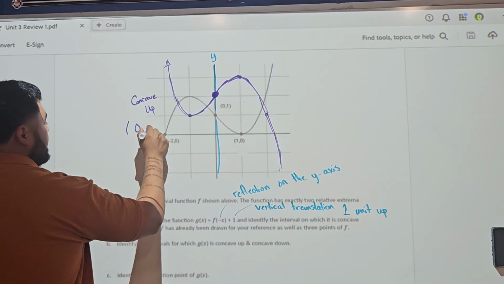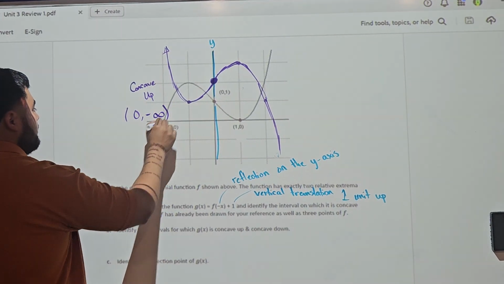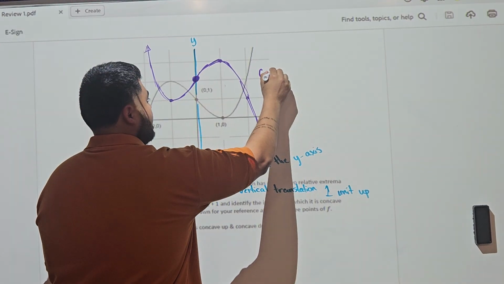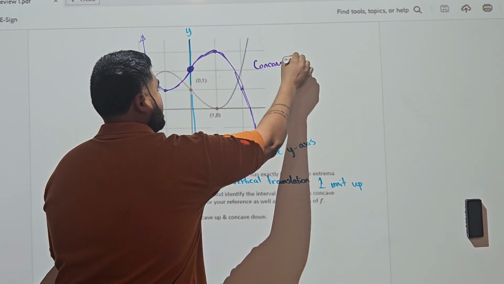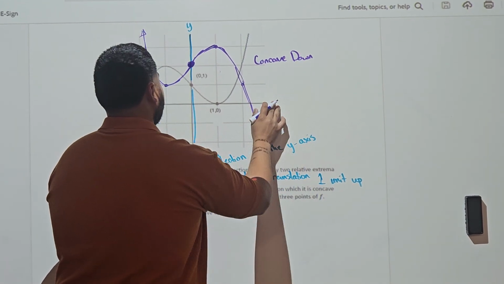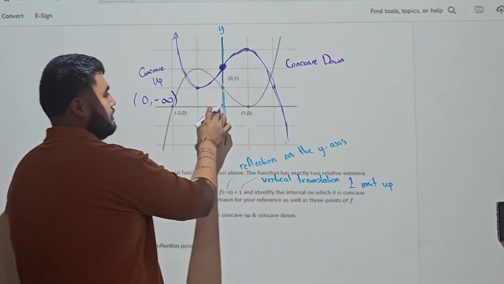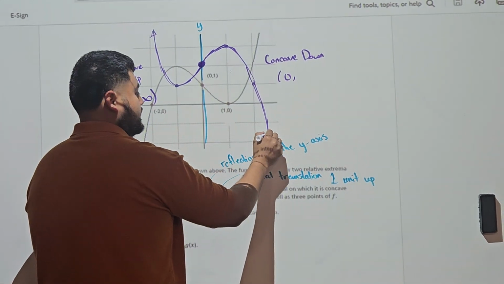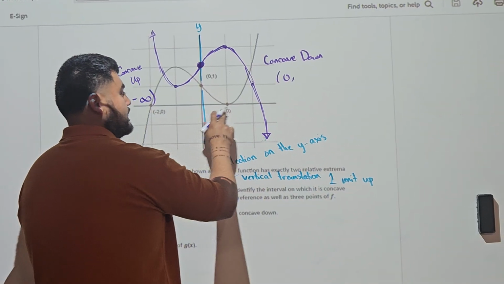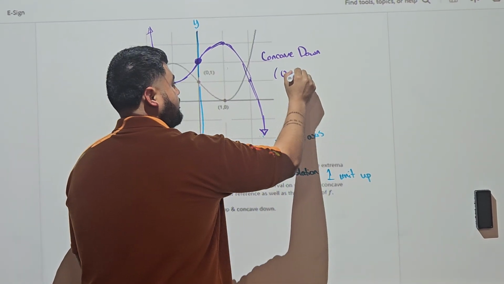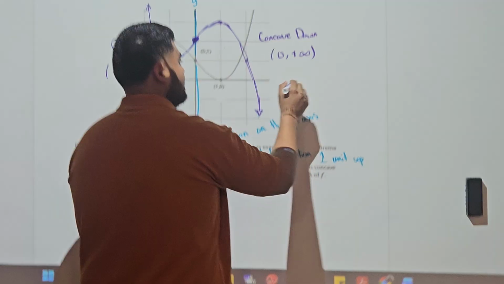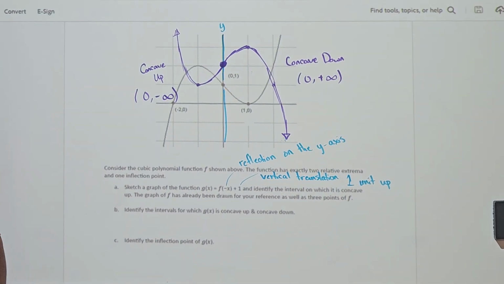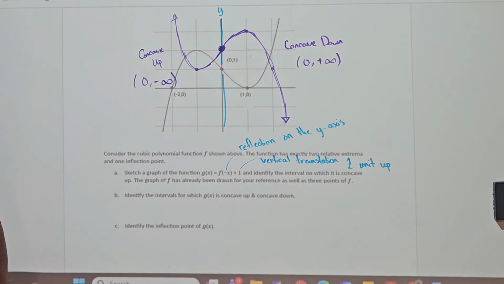That means I'm gonna reach negative infinity. And what about over here? Well, this one's gonna be concave down, meaning that, again, I'm gonna start at 0 and make my way, even though it's going down, to the right, meaning positive infinity. So just be aware of that for the concavities and for the domain restrictions.